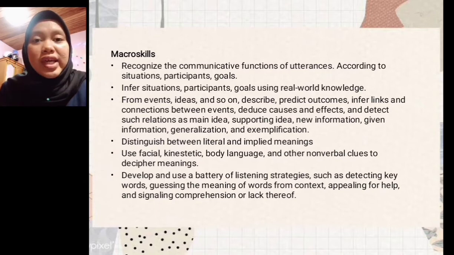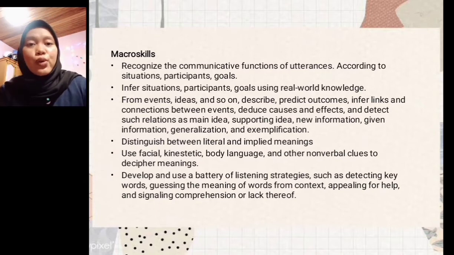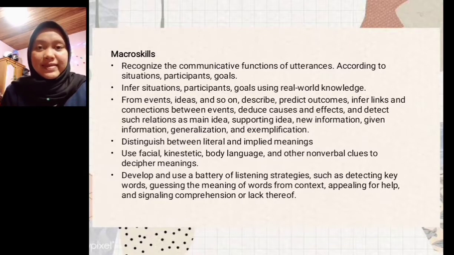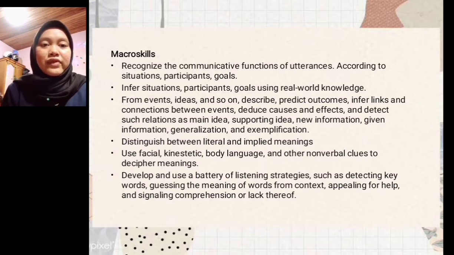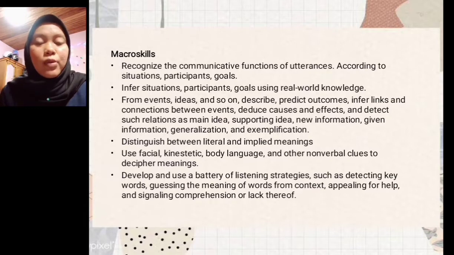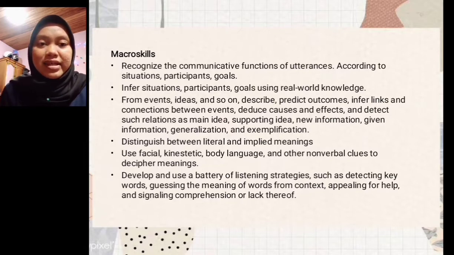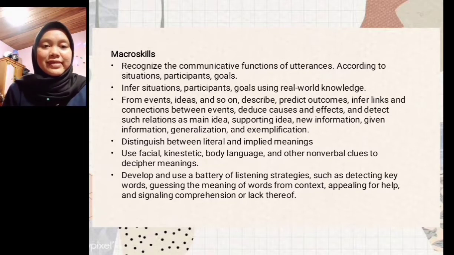So when we listen to something, we should pay attention to the doer, who the participant is, and here we can membaca dari ekspresinya, body language, and then generalizationnya, what is the information that we can take, and the meaning, like that. So there we are guessing the meaning of words from context, seperti itu.